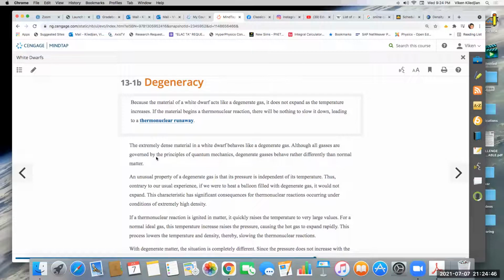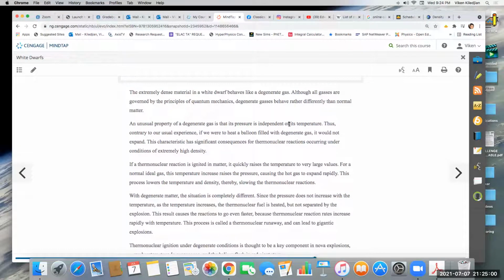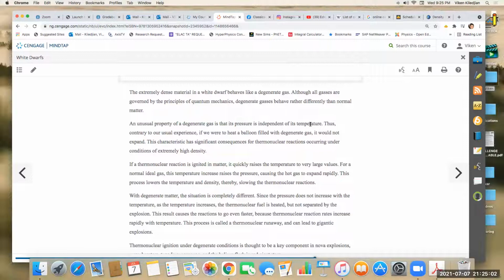Although all gases are governed by the principles of quantum mechanics, degenerate gases behave rather differently than normal matter. An unusual property of a degenerate gas is that its pressure is independent of its temperature. So that means it doesn't obey the ideal gas law, PV equals nRT.